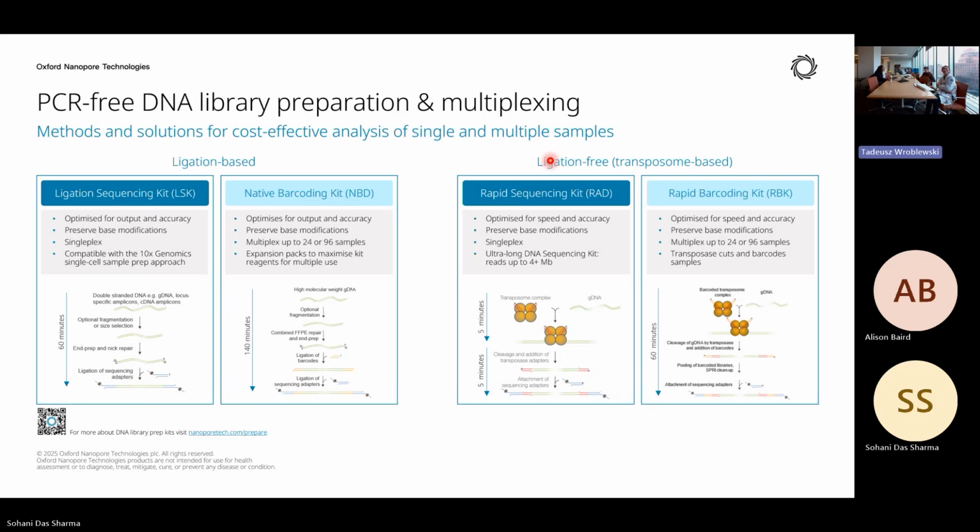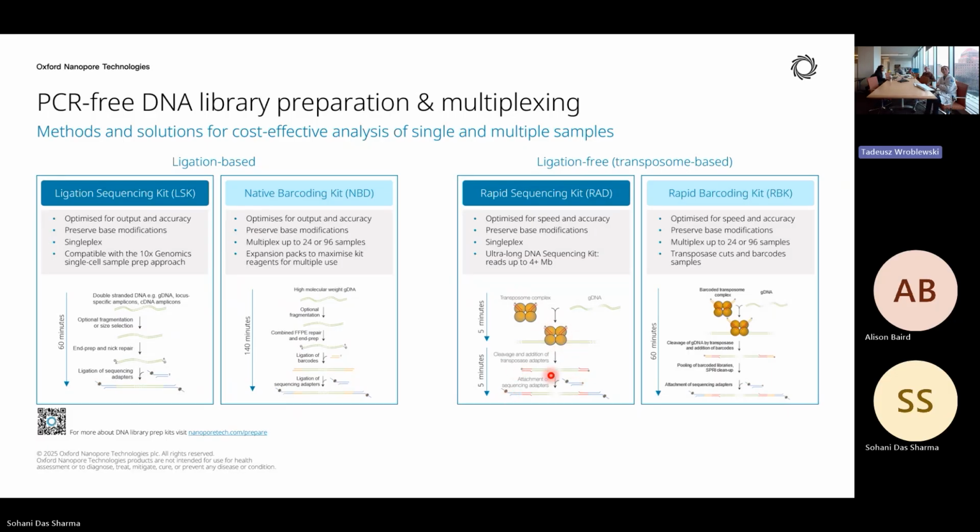The speed-optimized kit, which I mentioned earlier, is called the ligation-free kit or rapid sequencing kit. The chemistry is transposon-based. Rapid means you can literally do all the library prep within about 20 minutes. The transposon complex already has the barcode.